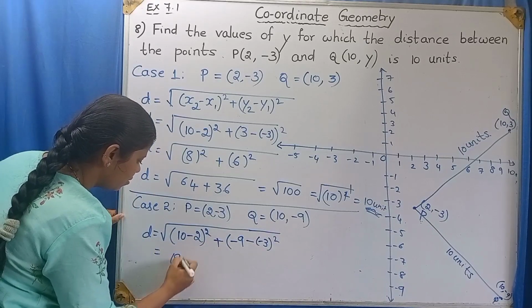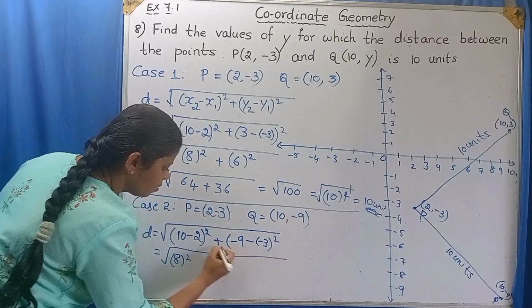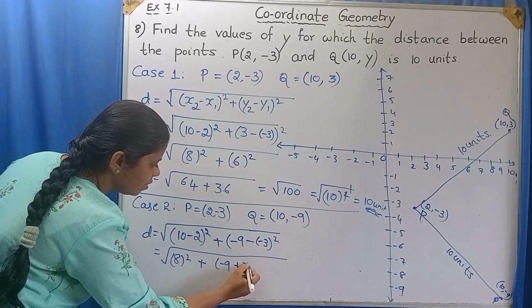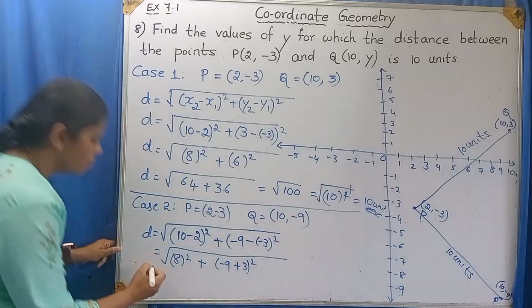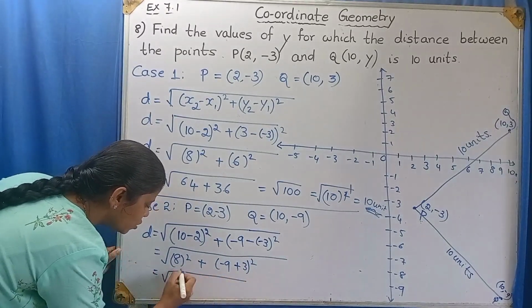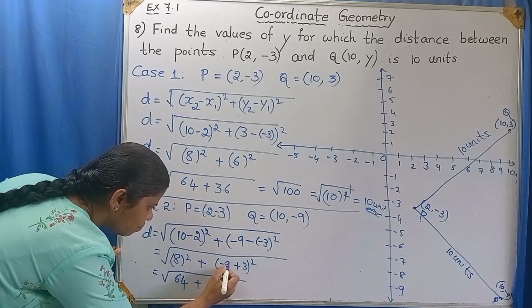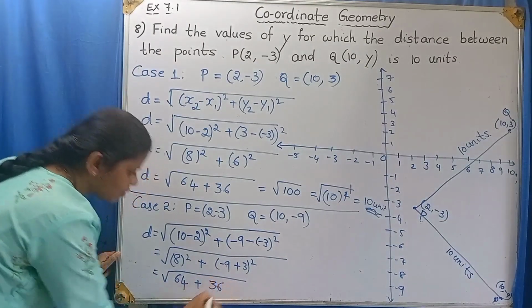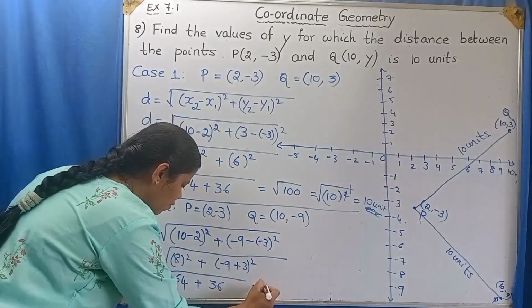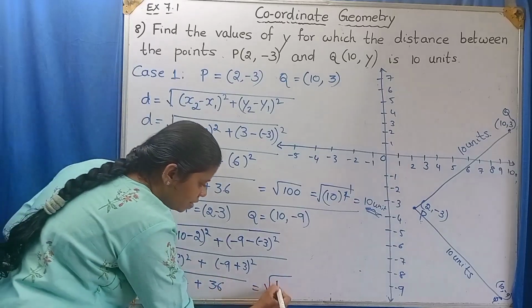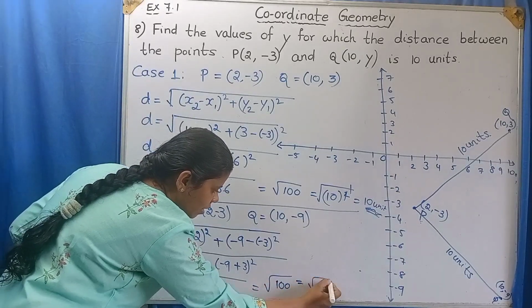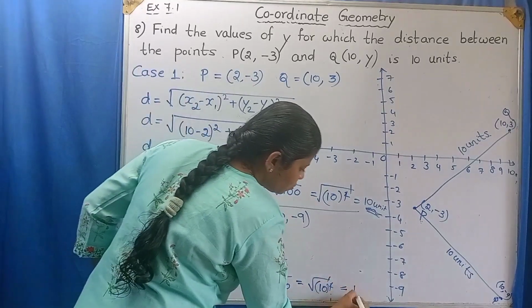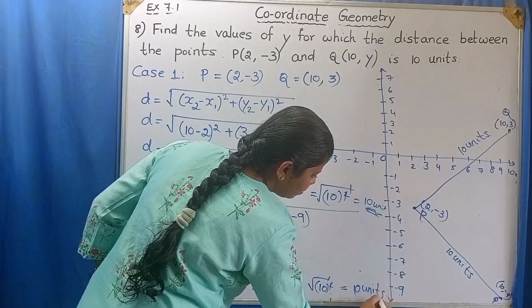Minus into minus is plus, so minus 9 plus 3 is minus 6, and the whole square is 36. Again we get 64 plus 36, which is 100. This 100 we can write as 10 the whole square. Therefore, the distance between these two is also 10 units, right?